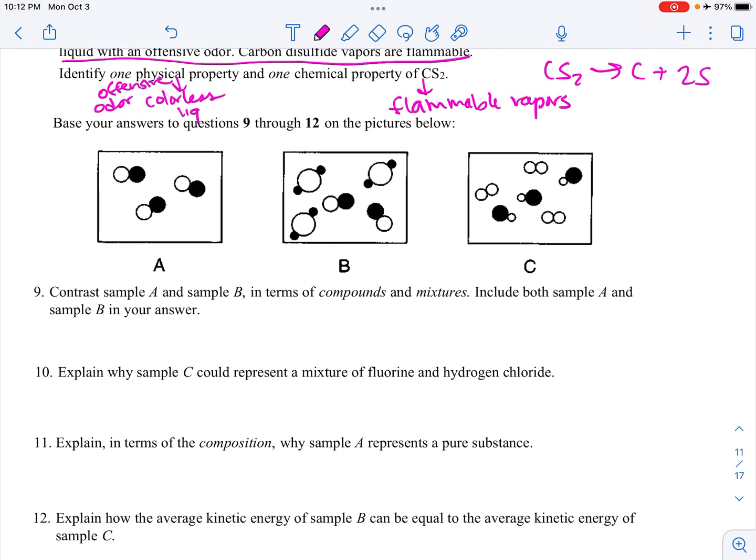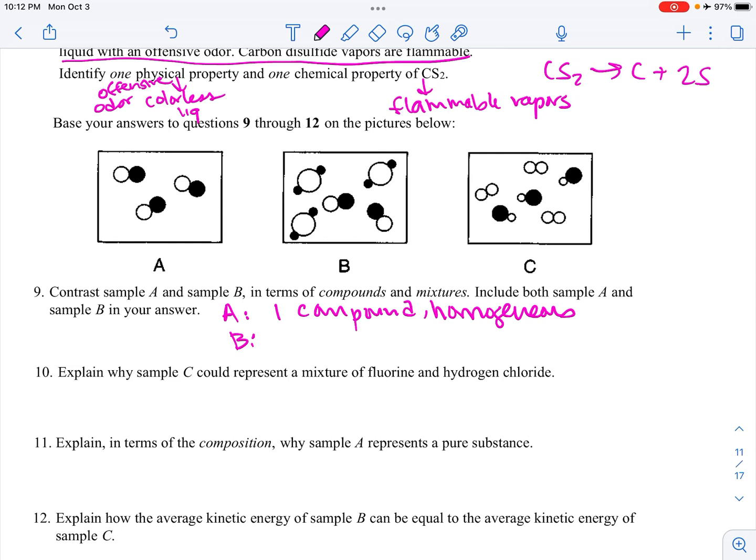Base your answers here. Contrast sample A and B in terms of compounds and mixtures. Okay, so in compound A, that is one compound. It's homogeneous, which is uniform throughout.